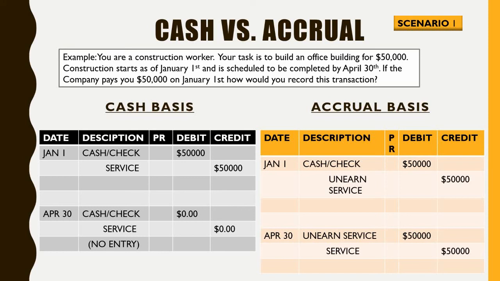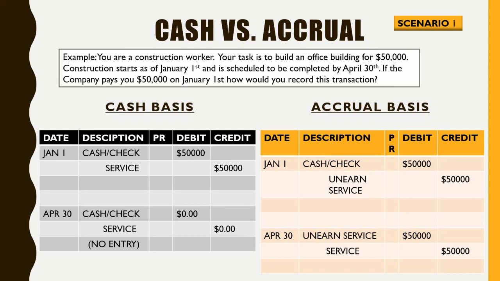In January, you mean in the accrual basis, you received the money, cash or check, 50,000, and unearned service 50,000, and paid in January. Then on April 30th, you canceled it, or the balance is zero for unearned service.